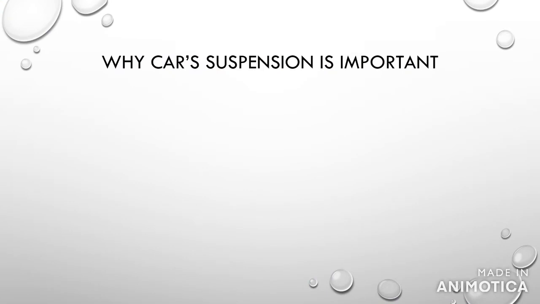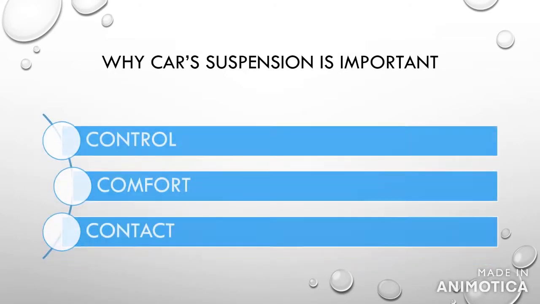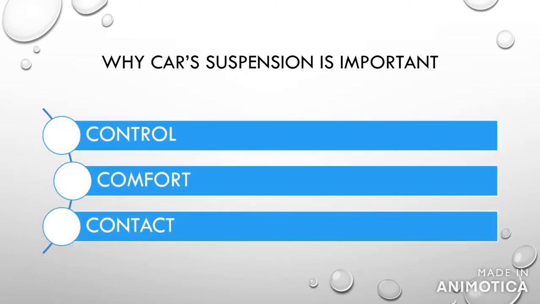So let's start by understanding why car suspension is important for cars and their users. Basically, we need to understand the 3 C's, which are control, comfort, and contact.